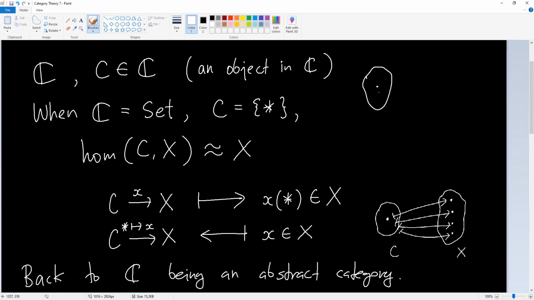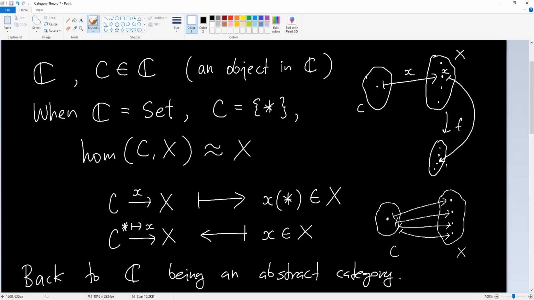We have this function that maps this element to that one. That's our small x, and we can think of this as an actual element of X when we are in the category of sets. And then we have a morphism from X to Y, a function f that will map this element somewhere. Let's call it small y, wherever it maps to.